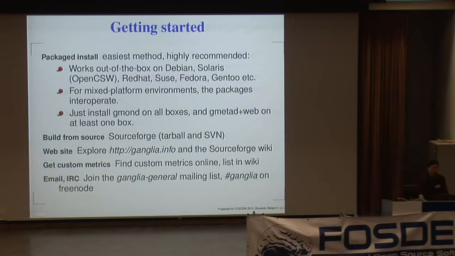So there's people writing, as I mentioned before, monitors for Apache or Memcached, or there's a whole bunch of these custom metrics that have been created already, so you can check it out before you write it. So finally, there are a couple mailing lists, Ganglia General, these are all hosted on SourceForge. Ganglia Developers is the developer mailing list, and we are on IRC Freenode.